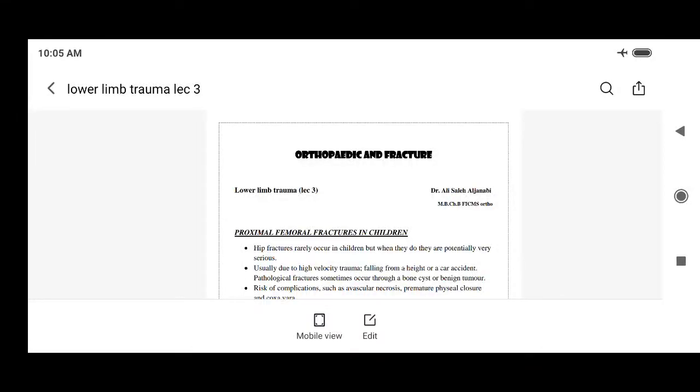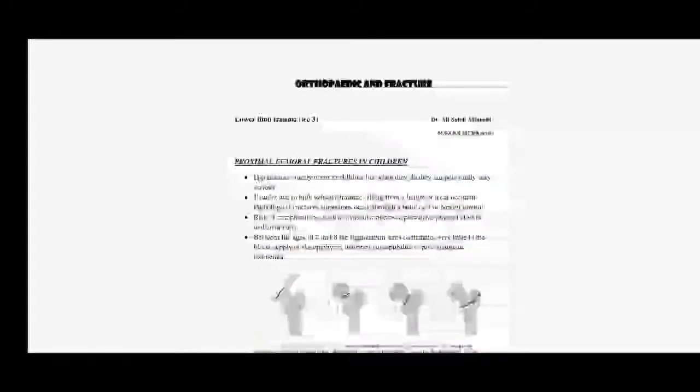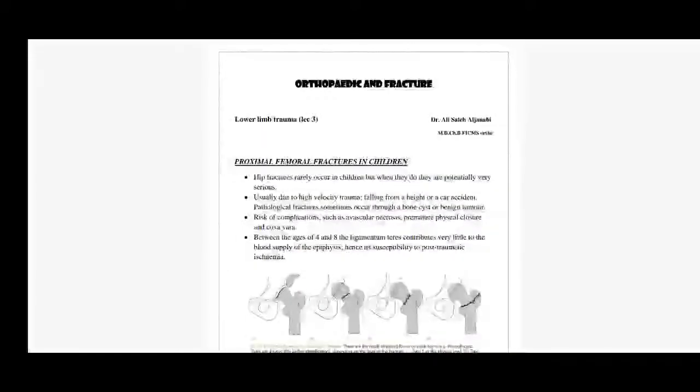Today we will continue in the lower limb trauma in lecture 3 and begin with the proximal femoral fracture in children. The hip fracture in children rarely occurs, but if it occurs it has potentially very serious complications because of the vascularity of the femoral head and the growth plate problem.